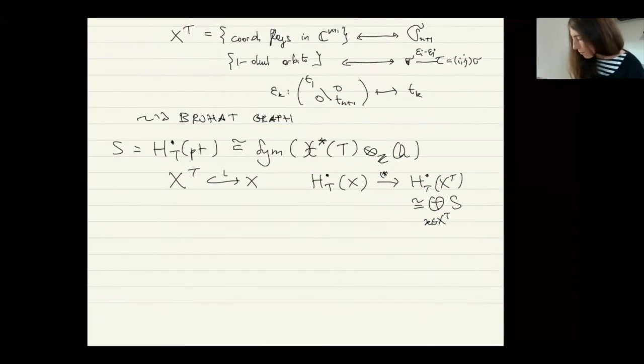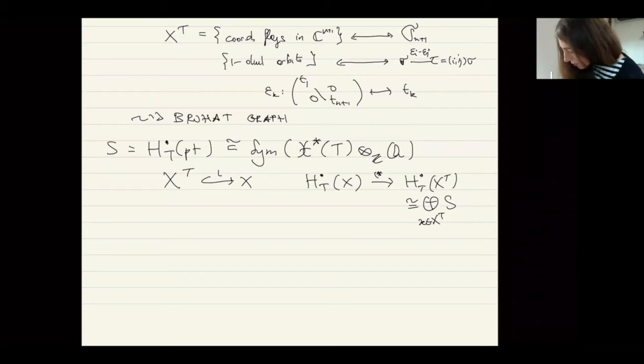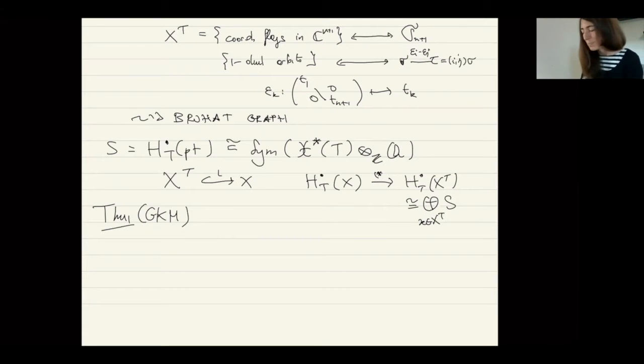And now the theorem which is relevant to us. Again, I'll call it GKM. So it's the following one. This pullback map, but again, it's just a version of the localization theorem, is an injective map.